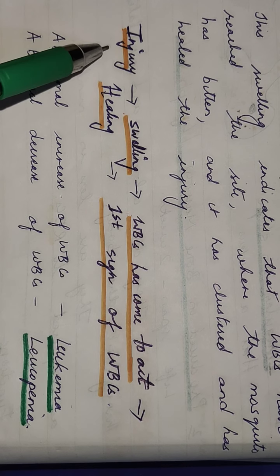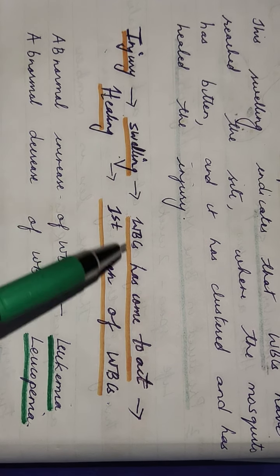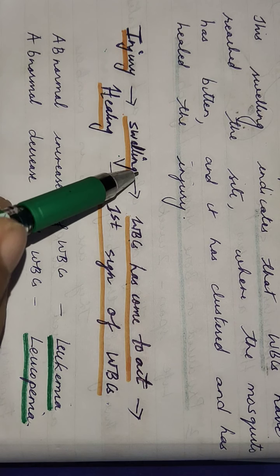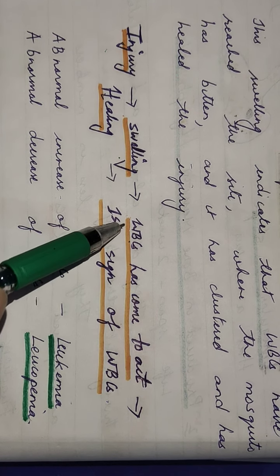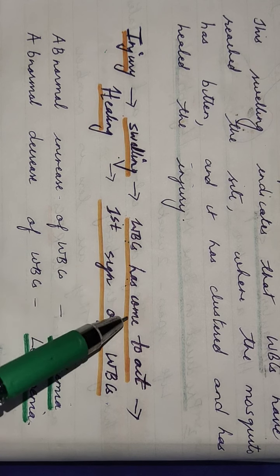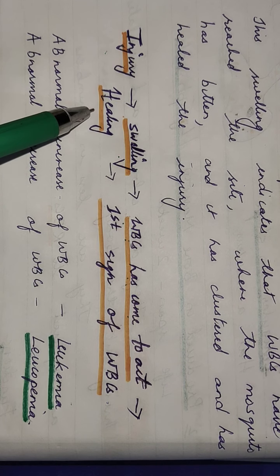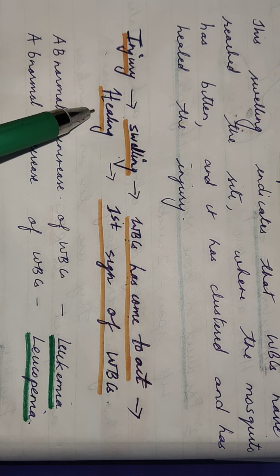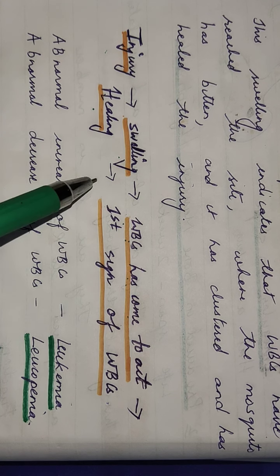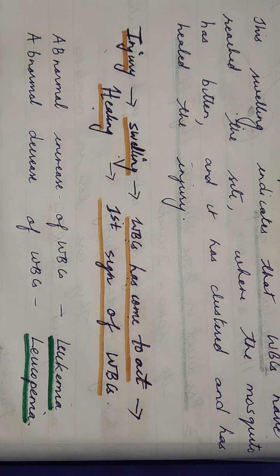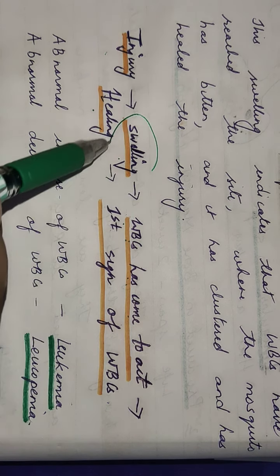All right, next now. So whenever there is an injury, there will be swelling. Whenever there is swelling, it indicates that WBCs have come to act. The healing process will start, and that is the first sign of WBCs whenever there is swelling.